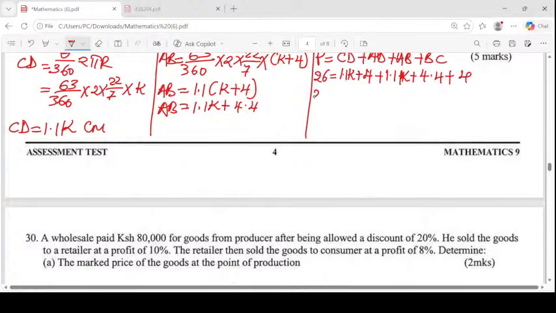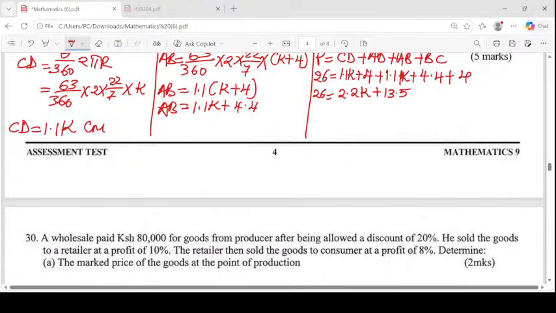So this will be 26 is equal to 1.1 K plus 1.1 K. This is 2.2 K plus, now I'm having 4 plus 1.1 plus 4.4 plus 4. This is 13.5.